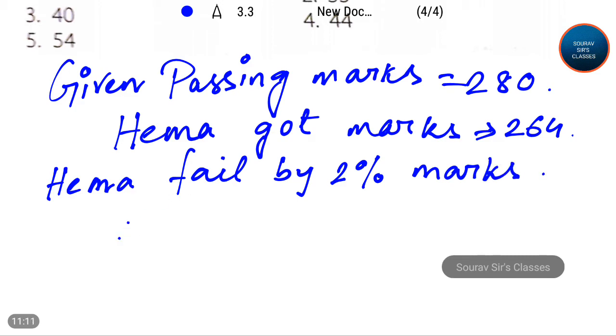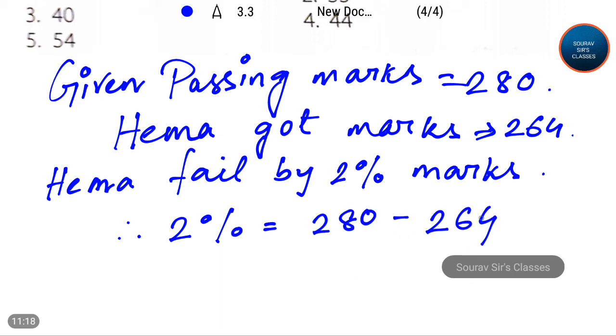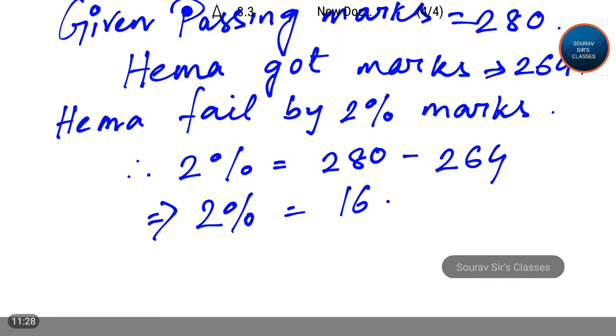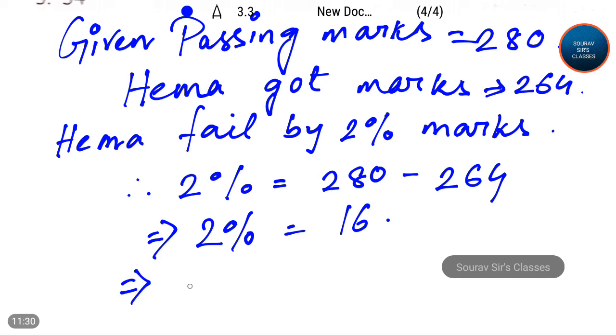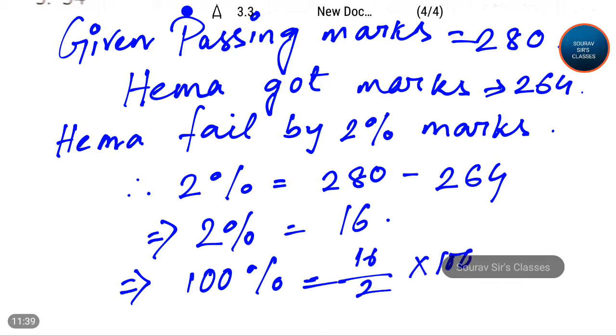That means 2% is equals to 280 minus 264, so this 2% is equals to 16. That means 100% is equals to 16 by 2 into 100, that is equals to 800.